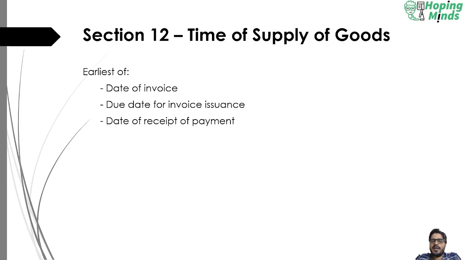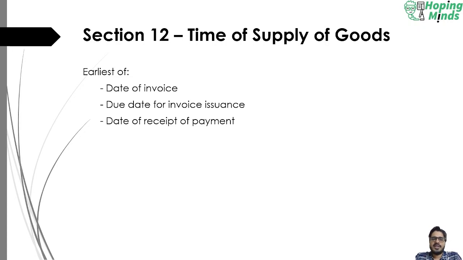So when the provider sends an invoice for the goods, the time of supply begins. If no invoice is issued, then the time of supply defaults to the next applicable criteria. The next applicable criteria is the last date for issuing of such invoices, that is as per section 31.